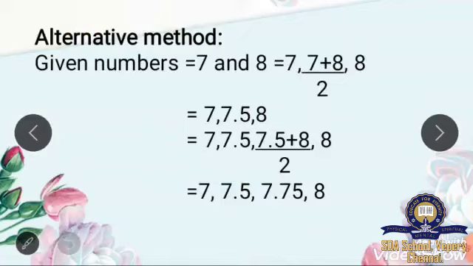Let's see the alternative method. This is also the same as the previous method, but with a slight difference. The given numbers are 7 and 8. In the same way, we are going to add these two terms and divide by 2. We know that it is 7.5. But this time we are going to take the two terms as 7.5 and 8.